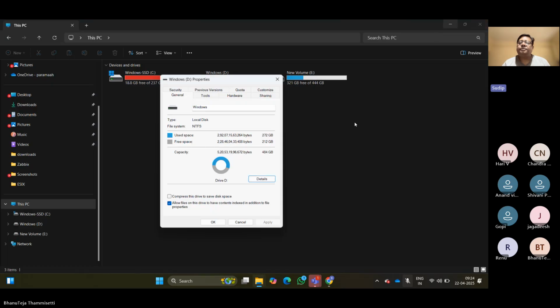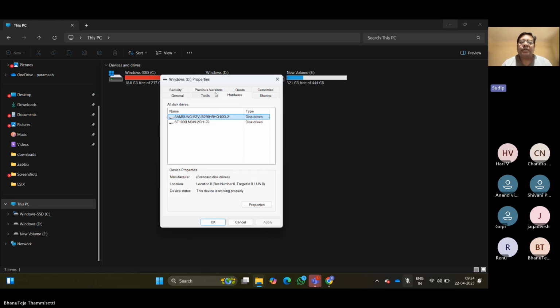Now, can you go to that tab called hardware? You see on the top, there are 8 tabs: General, tools, sharing, security, previous versions, quota, and customize. So when you right click on any drive letter, apart from CD/DVD-ROM, any hard disk, you will see this hardware tab also.